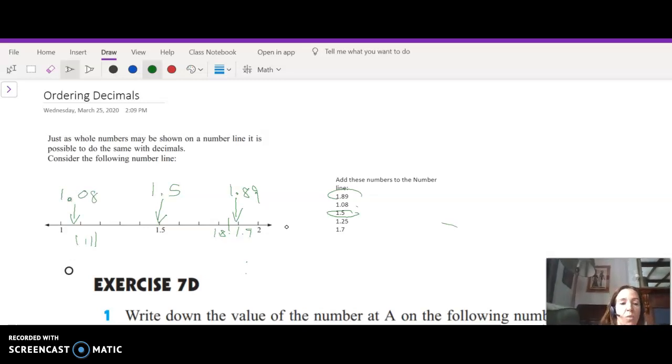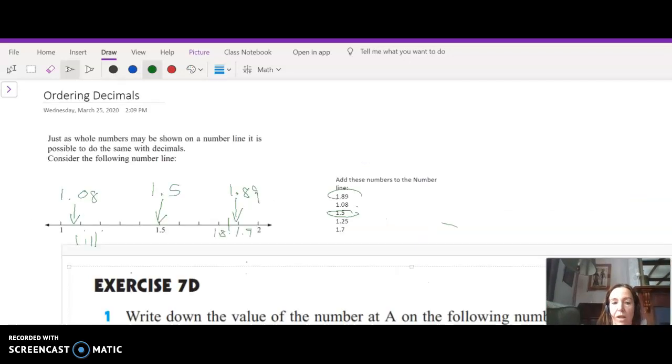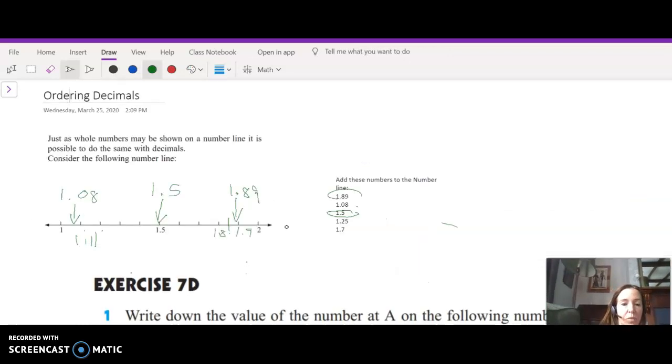1.25. We have 1.1, 1.2, so 1.25 is going to be exactly between 1.2 and 1.3. So 1.25 is going to be exactly over there.